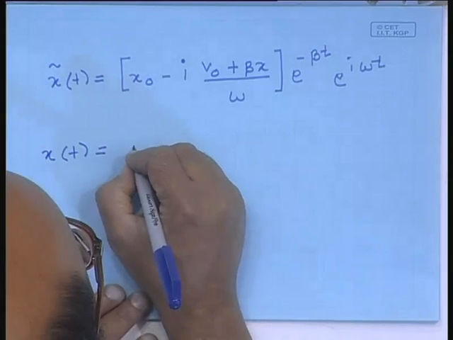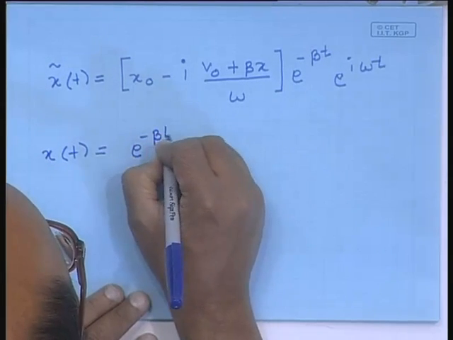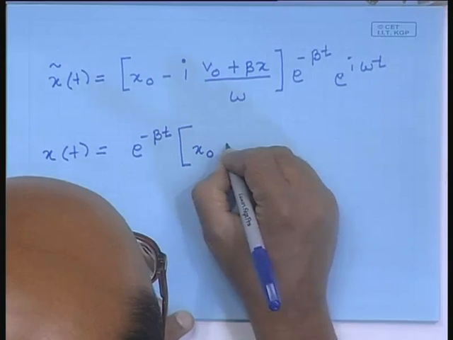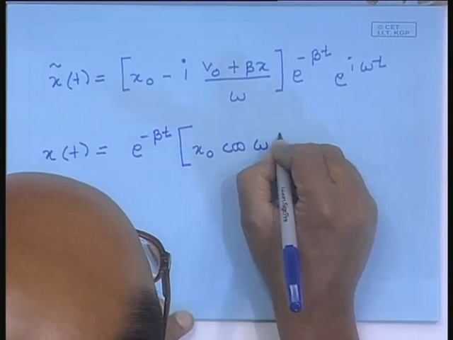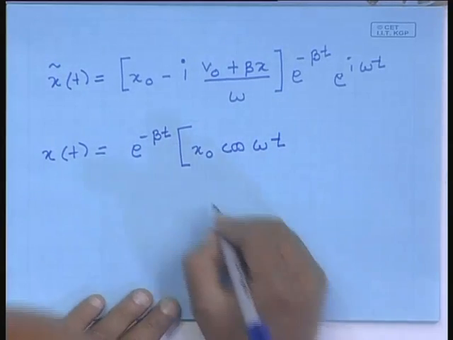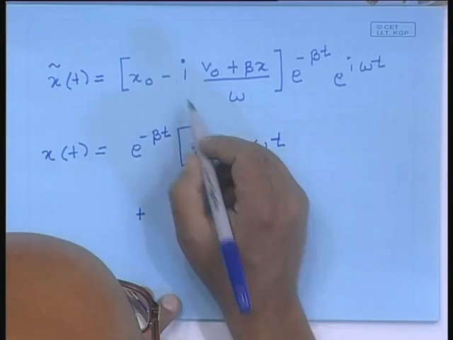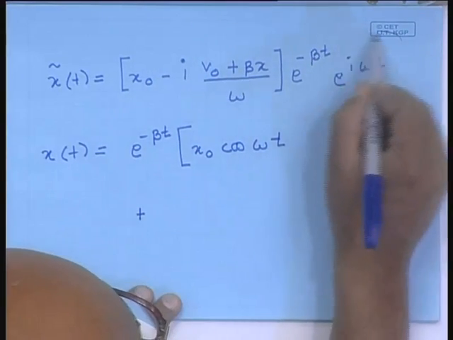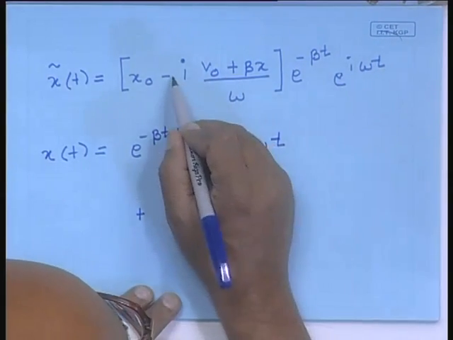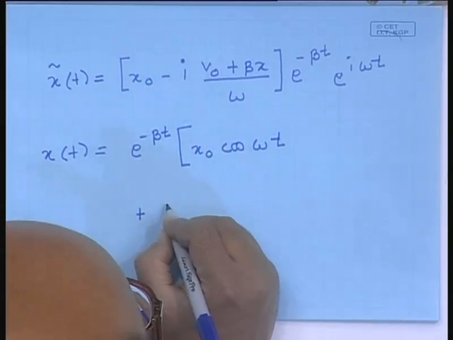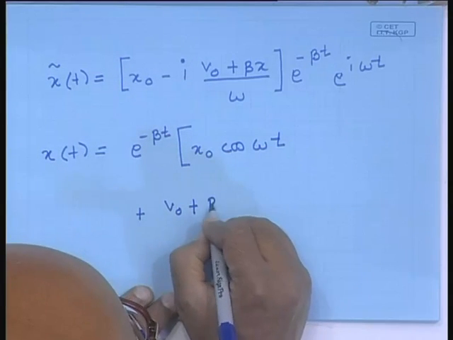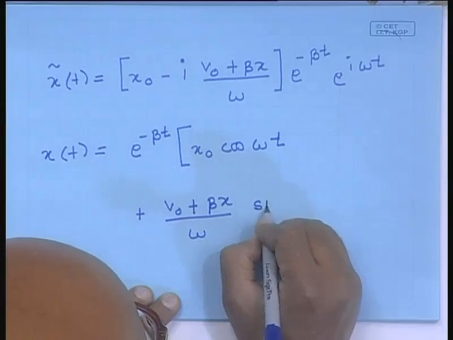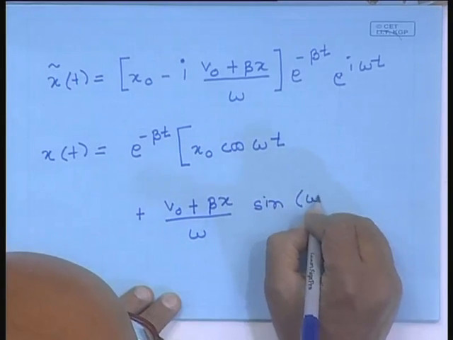There will be an overall e to the power minus beta t, and we will have x naught cos omega t, and then one more term which is minus i (v naught plus beta x naught) by omega into i sin omega t, and minus i times i gives plus. So, we have (v naught plus beta x naught) by omega sin omega t.